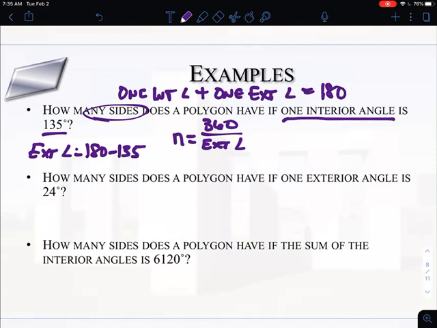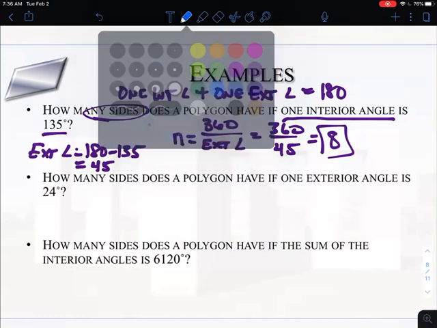The interior and exterior always have to add up to 180. So if I take 180 minus 135, my exterior angle becomes 45. And so now I can go into my formula, take 360 divided by 45, and if I plug that in my calculator, I get 8 sides. So my polygon would have 8 sides, it makes an octagon.